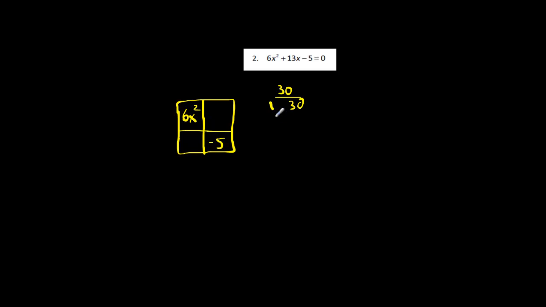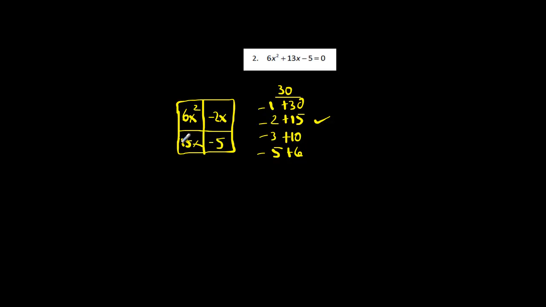If we have all of the possibilities for 30, I'm going to read the signs. Different signs, the larger one is positive. So these are positive, these are negative. The combination that adds up to positive 13 is this one. So I have negative 2x and positive 15x.